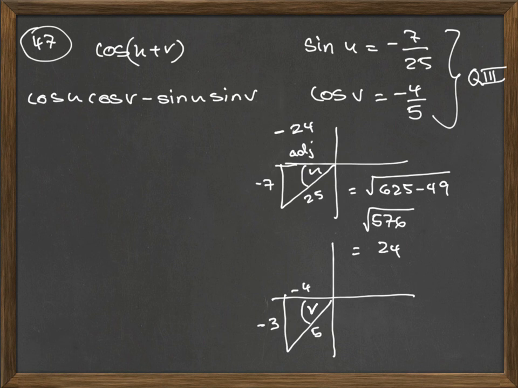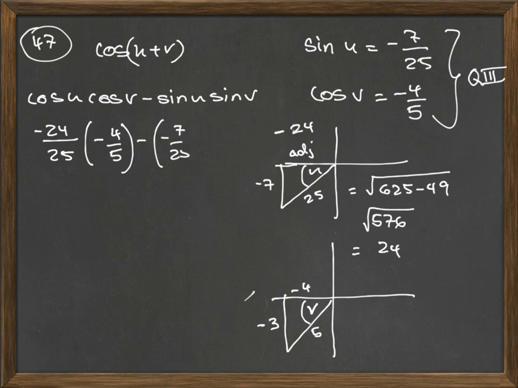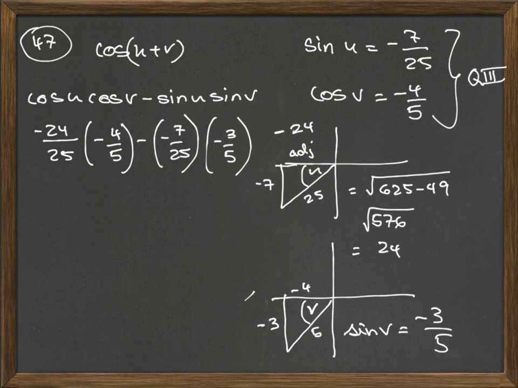The cosine of u is negative 24 over 25. The cosine of v is negative 4/5, minus the sine of u, negative 7 over 25, times the sine of v, which is negative 3/5. Here you go, sine of v, negative 3 over 5, okay?